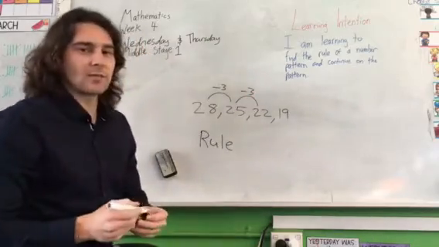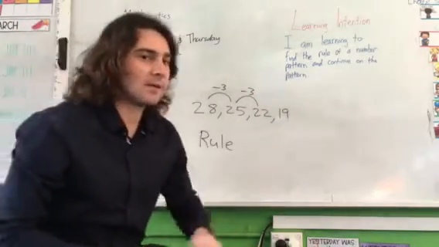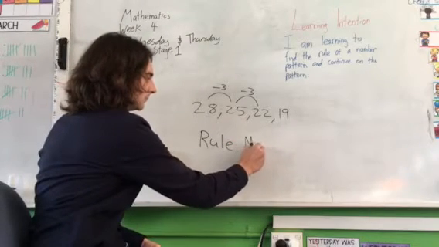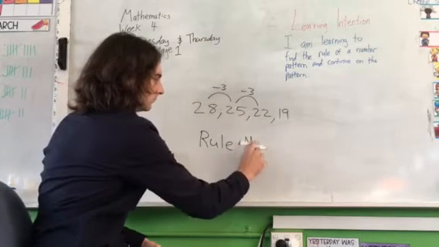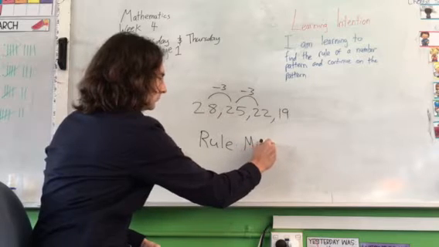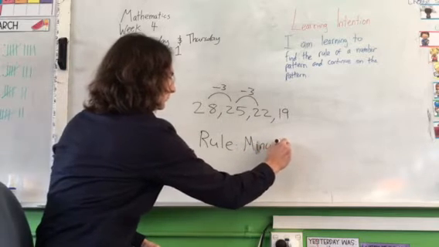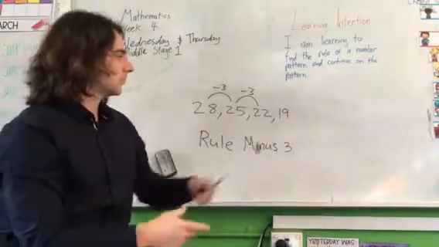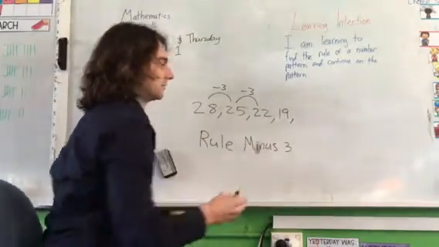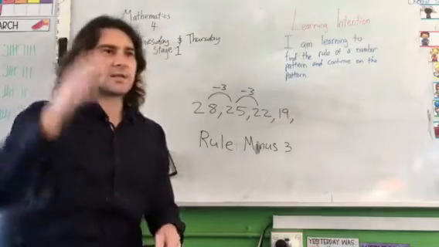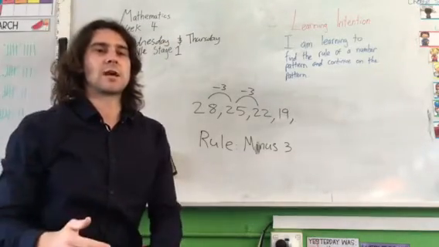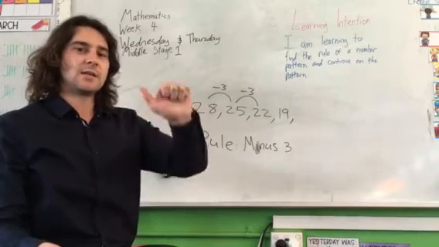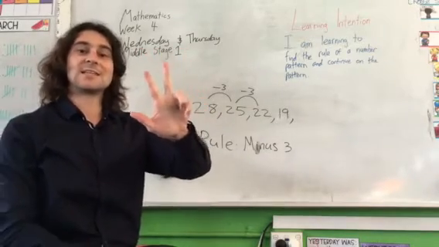Now that I understand the rule, I can move over here. Minus 3 is our rule. Now let's do the number after 19. 19 goes in my head and I'm going to count backwards by 3. 19, 18, 17, 16.